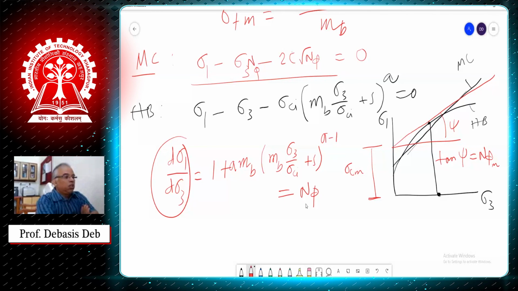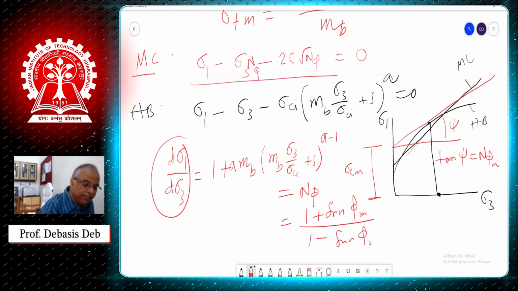Okay. Now if this is the N phi, we know what is N phi: 1 plus sine phi m by 1 minus sine phi m. So from here we'll be able to calculate the phi m. You understand what I'm saying? So I'm calculating the derivative of this, so I got this slope.